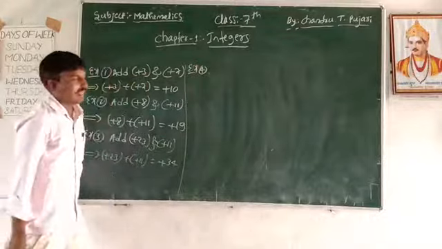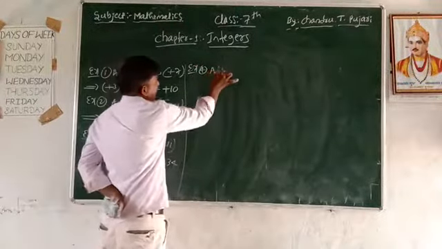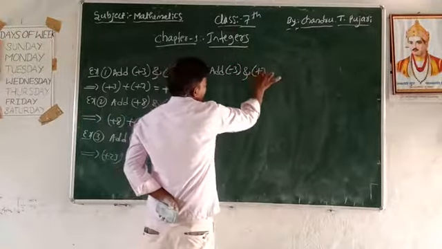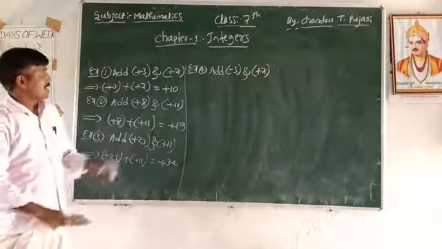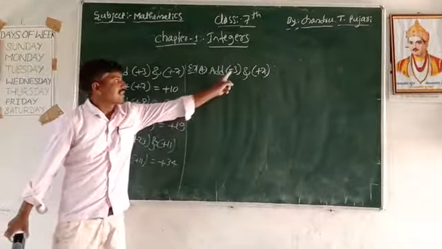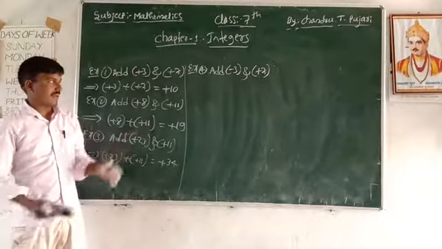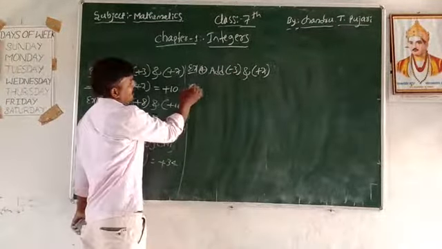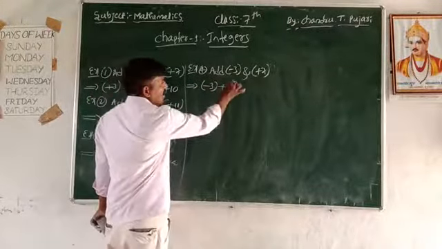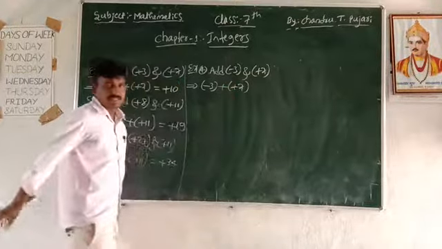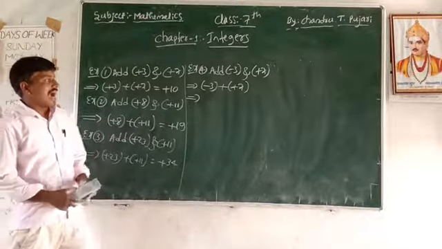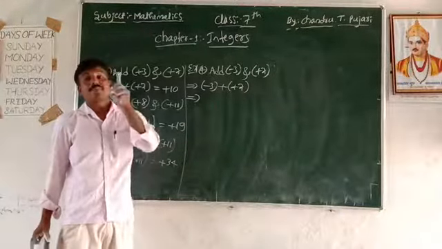In example number 4, again add minus 3 and plus 7. The numbers are the same, 3 and 7, but I will change the sign. This is a negative sign, this is a positive sign. Therefore, add minus 3 plus 7. The rule is the second rule: you can add opposite signs, and the answer takes the biggest number's sign.